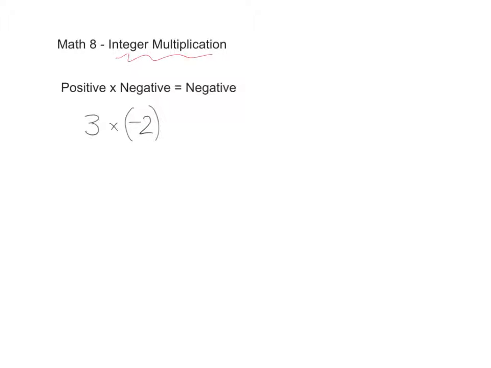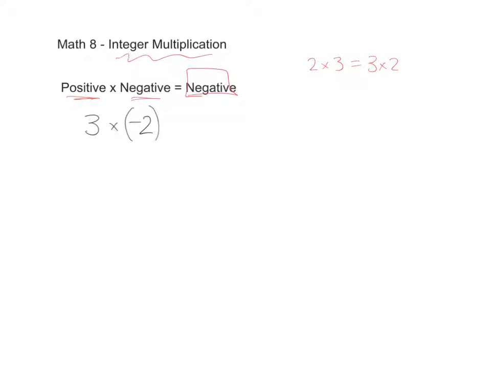So the first thing I want us to work on is multiplying a positive number by a negative number. And this is what I need you to remember: when you do this, your answer will be negative. Now the order of multiplication doesn't matter, like 2 times 3 is the same as 3 times 2.